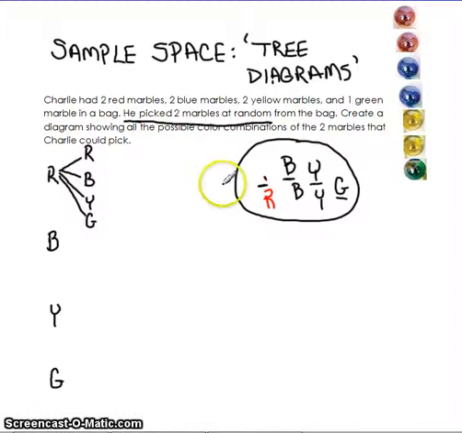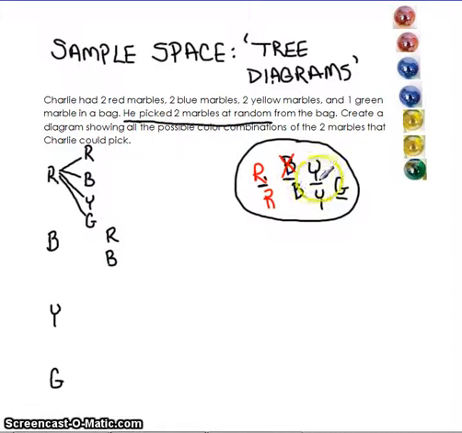Okay, so now let's assume we didn't get a red on the first pick, we got a blue on the first pick. So let's go ahead and cross off the blue. When we reach into the bag the second time now, what could happen? Well, we could get a red. I'm just going to extend it out to here just so it's not so confusing. Could we get a blue on the second pick? Well, yes, there's actually another blue in there, so we could get blue.